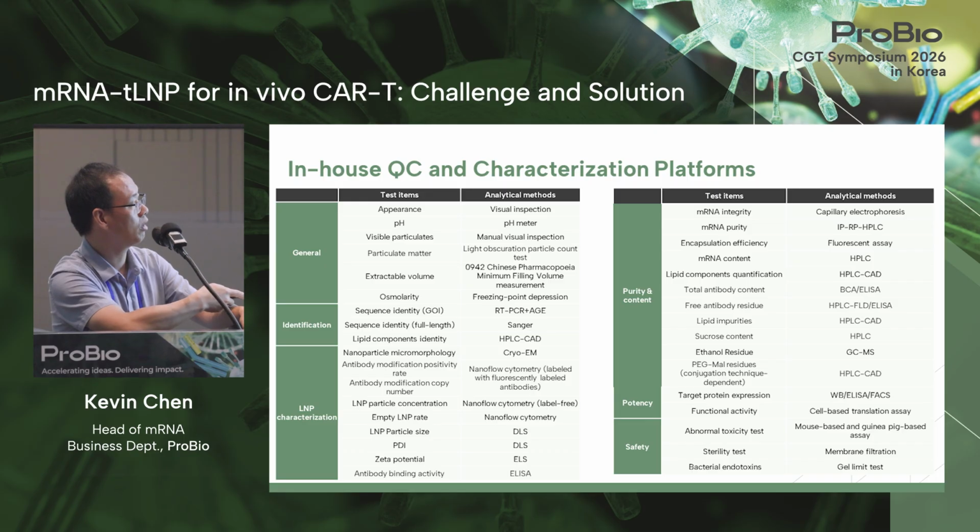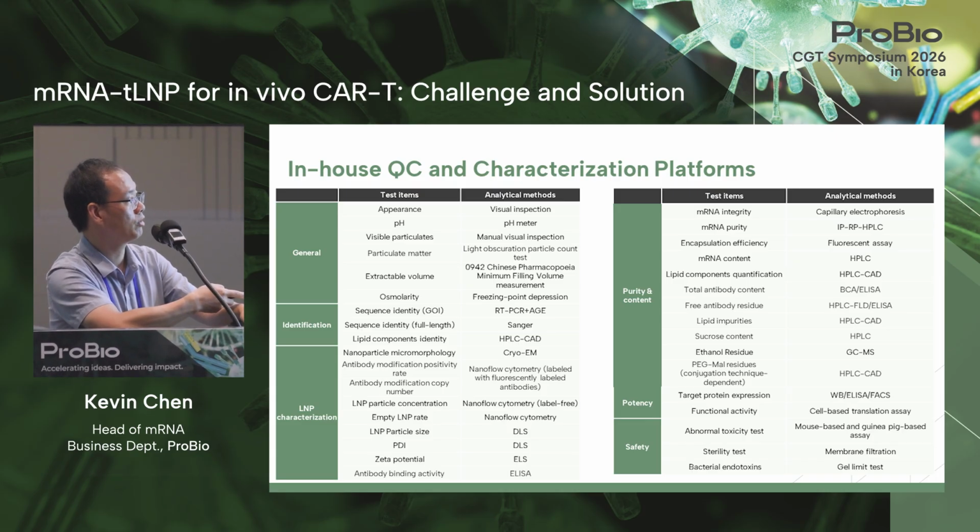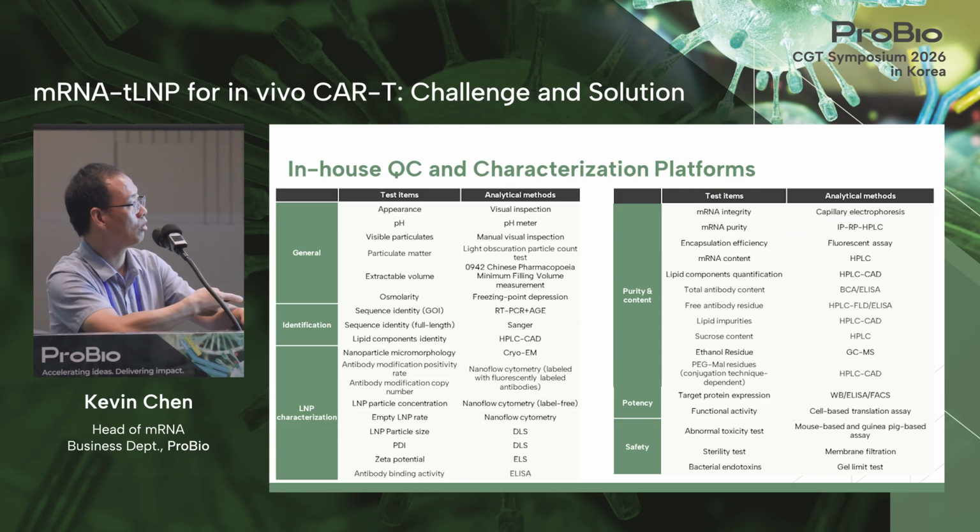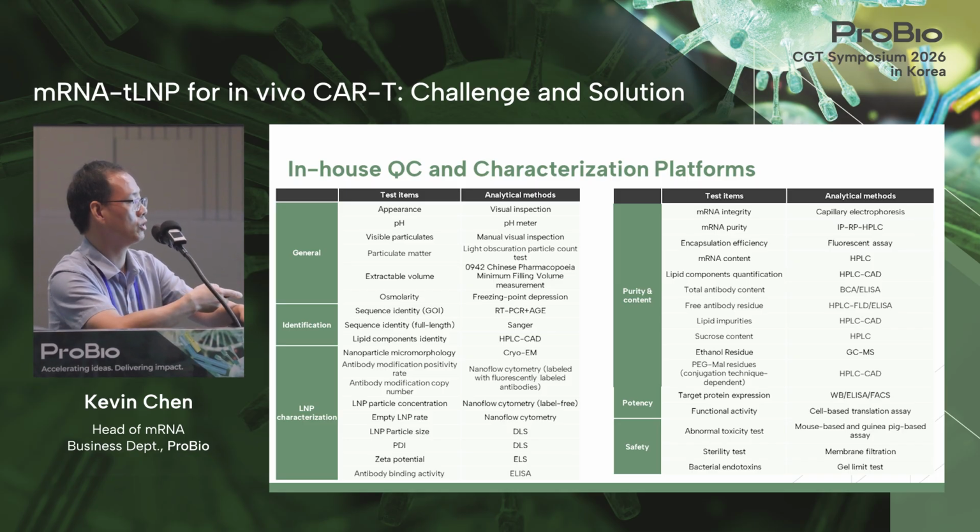For example, for the LNP, we will check the shape using the cryo-EM, and also the antibody positive rate using the nanoflow cytometry, and empty LNP rate can also be checked using the nanoflow cytometry, and the size, PDI, and zeta potential will be measured by DLS or ELS.